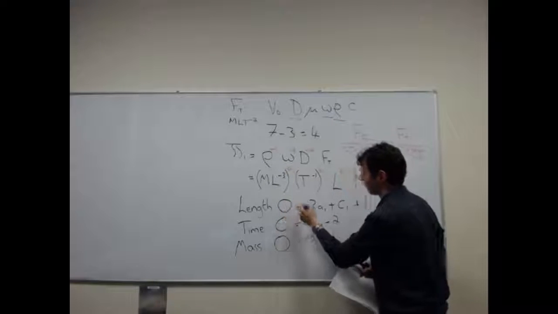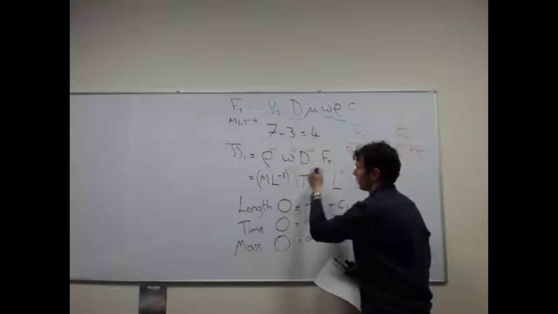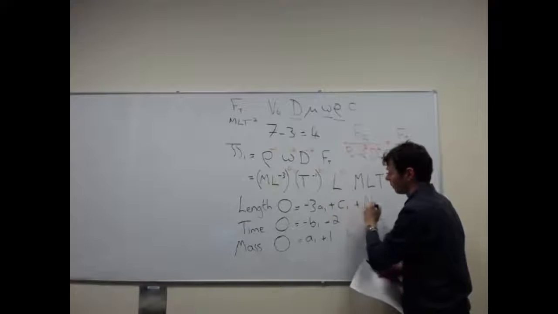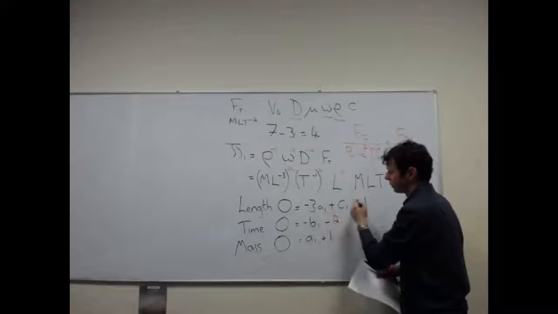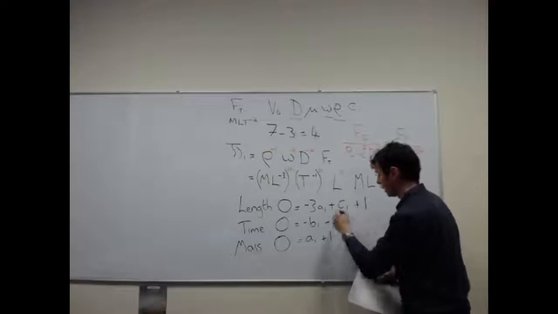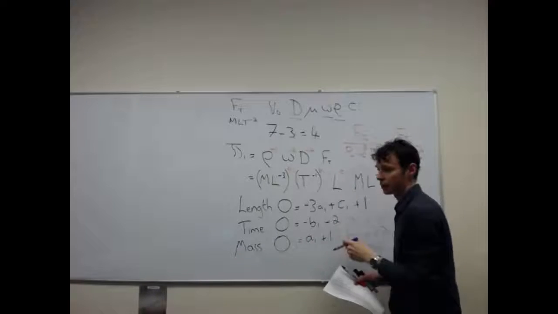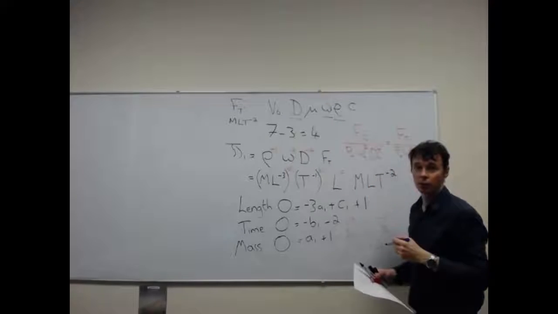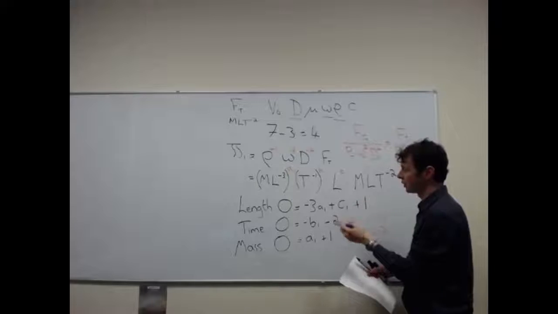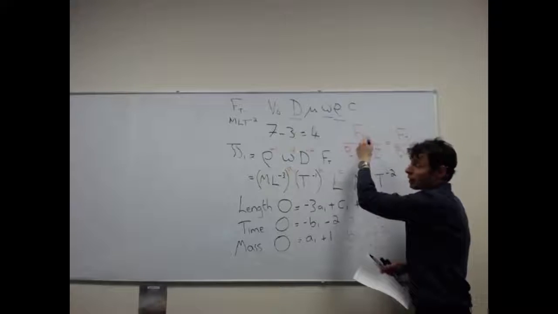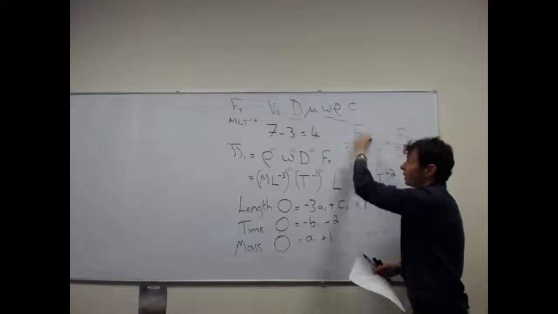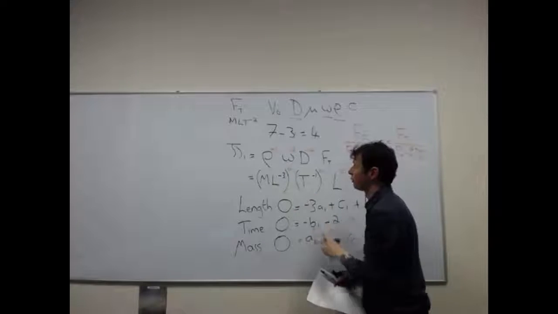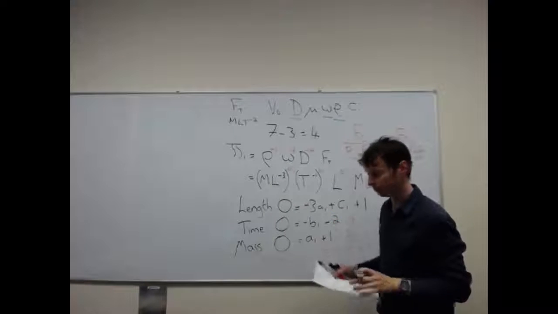So 0 equals, and then equate all of these powers of the dimensions, and solve for A, B, and C in this case, and then we can write it back in and form a dimensionless group. It's always useful, if you really want to check you've done it right, to put the dimensions in as well and check that they all cancel out. Now I'll go through the answers to the other pi groups.